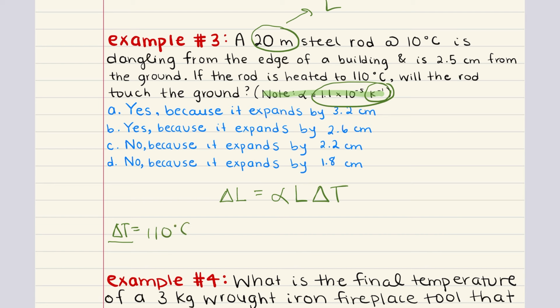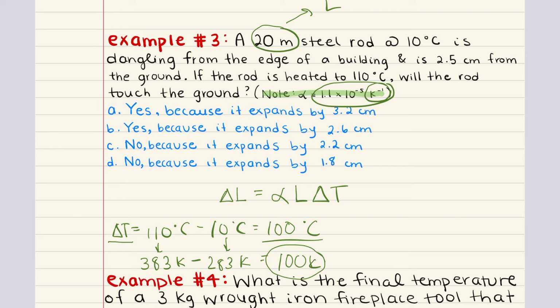110 degrees Celsius minus 10 degrees Celsius is equal to 100 degrees Celsius. That's our delta T. Now you will notice that if I convert these to Kelvin and take the difference, I will also get 100 as the difference. 110 degrees Celsius is equal to 383 Kelvin, and 10 degrees Celsius is equal to 283 Kelvin. And when I take the difference between these two, I get a difference of 100.